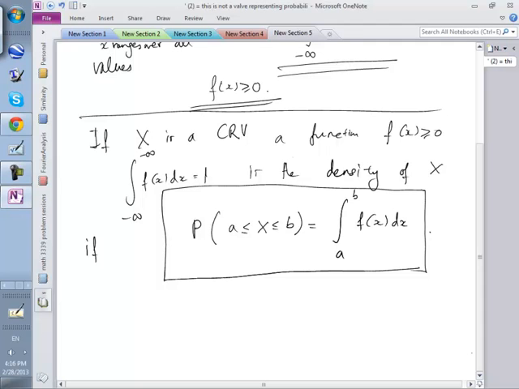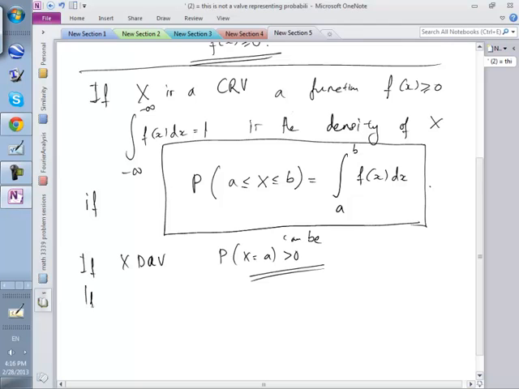There is another fundamental difference with discrete random variables. With discrete random variables, the probability that x takes a certain value can be positive. Here, for continuous random variables, the probability that x takes a fixed value is always equal to 0.